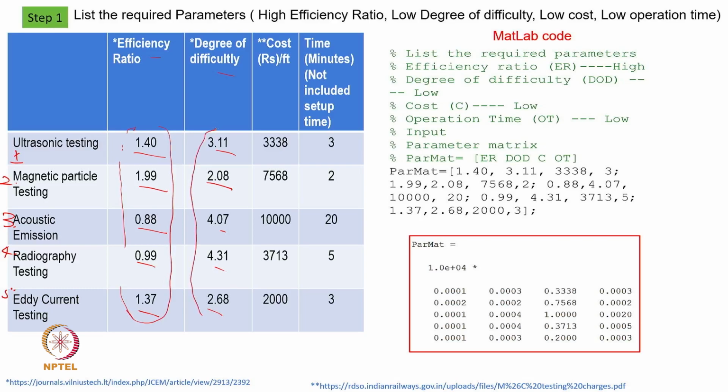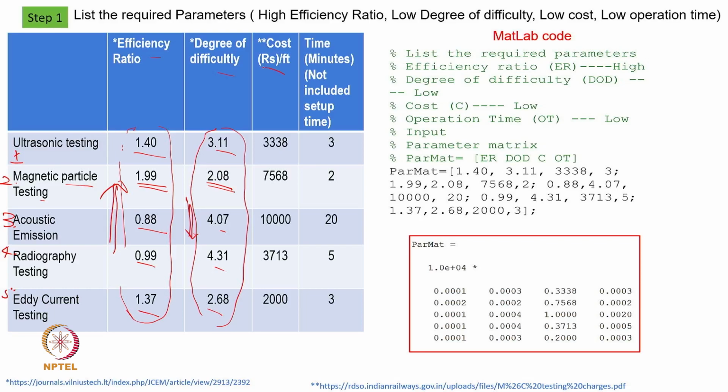So, this is a reverse order. Here we want higher and higher values, and here we want lower and lower values. So, if I look at absolute value only based on efficiency ratio, I will say 1.99, the magnetic particle testing method, is the best. Now, coming to the degree of difficulty, it needs to be minimum. So, again the magnetic particle testing will be the best in this situation.